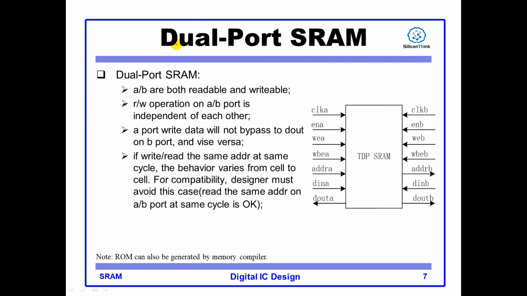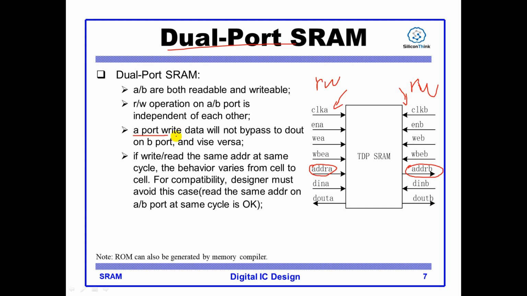Then we have dual-port SRAM. What is dual-port? It also has two address. But the function is for every port, for port A and port B, they can both read and write. Yes, this port can do read-write operation, and this port can do read-write operation. This is the difference between two-port and dual-port.